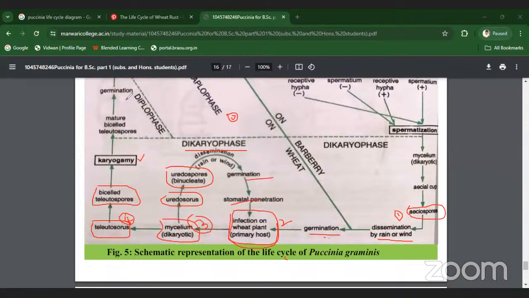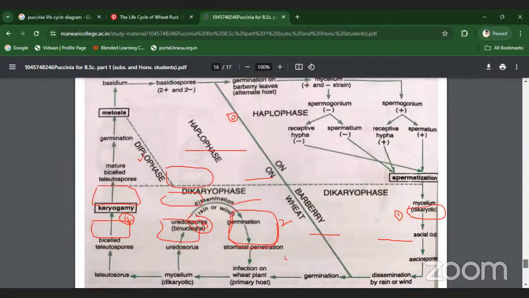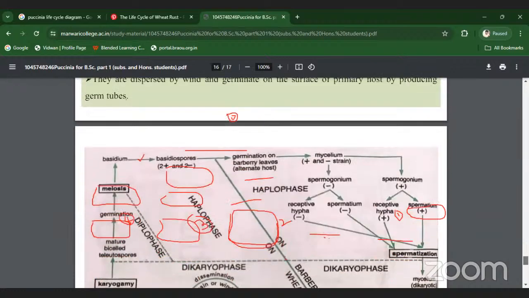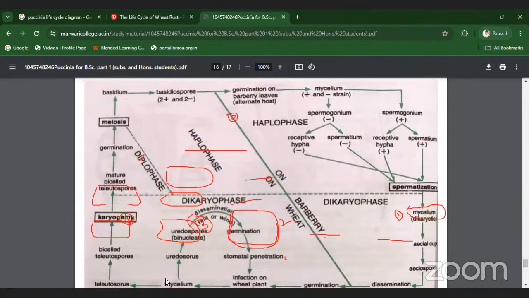From the mature teliospore, meiosis takes place. After meiosis, basidium and basidiospores are formed. Basidiospore, remember, is the fifth step. After that, this basidiospore germinates on the barberry leaf.